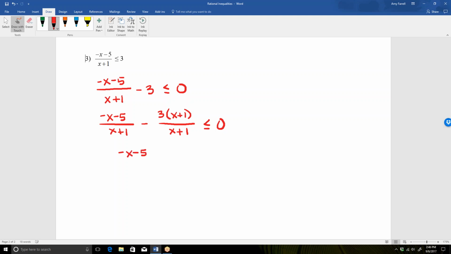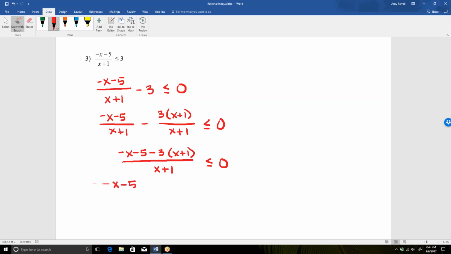So I am now going to subtract numerators and retain that common denominator. And I will distribute that negative sign.